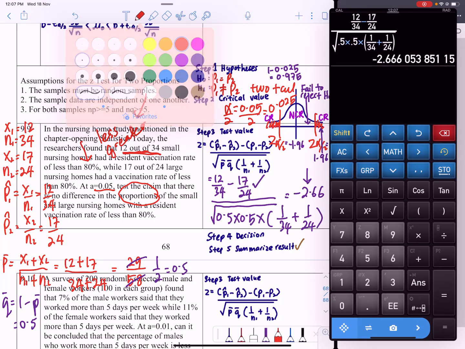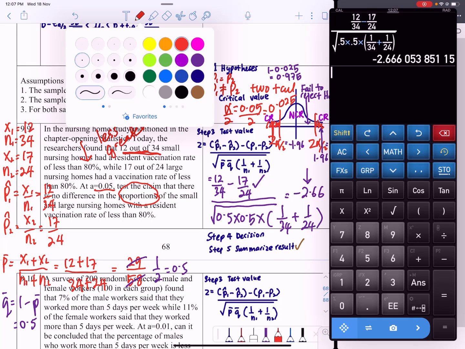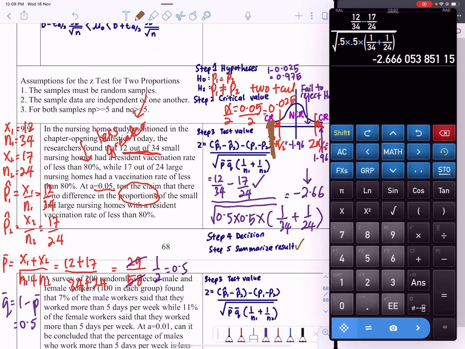Nonetheless, we put the value for the test value here, and the value is located at these places, negative 2.66. That means it falls on the critical region. When it falls on the critical region, we have enough evidence to reject the null hypothesis.